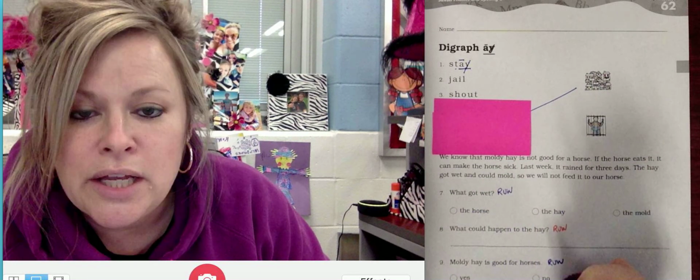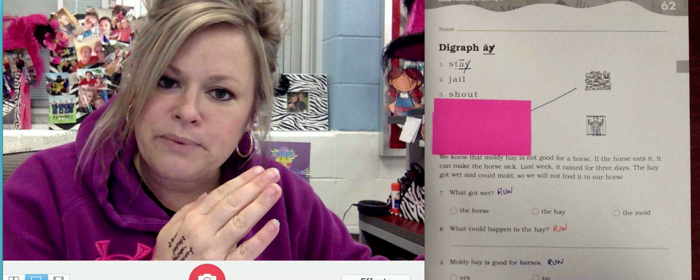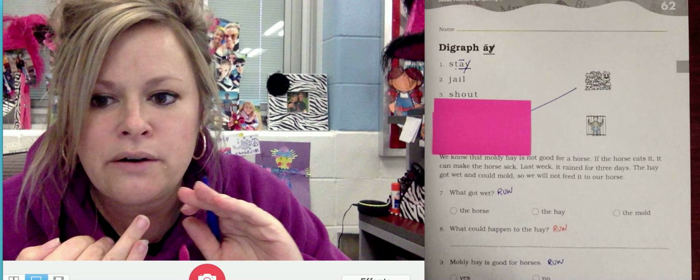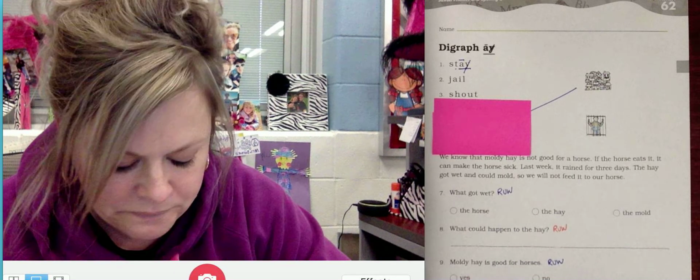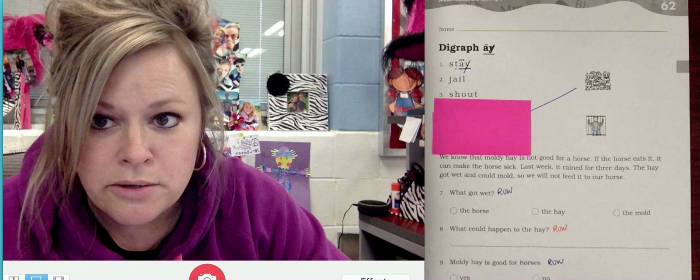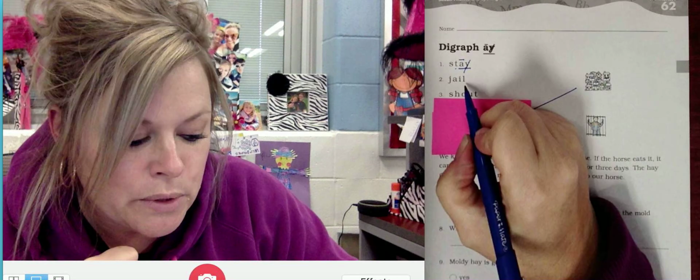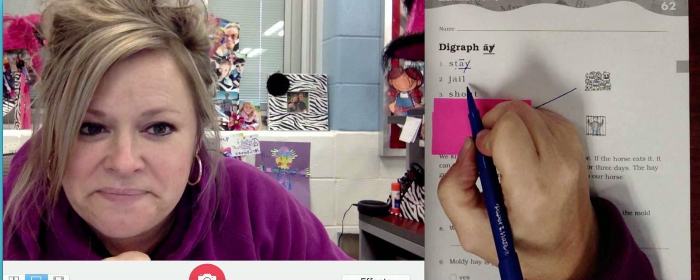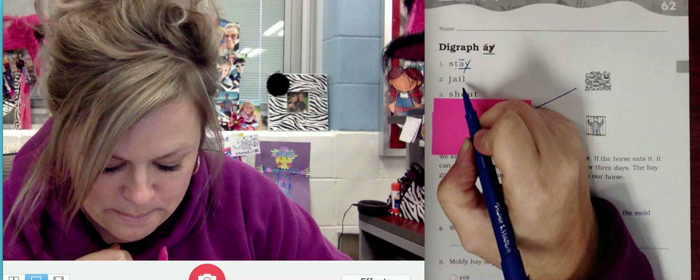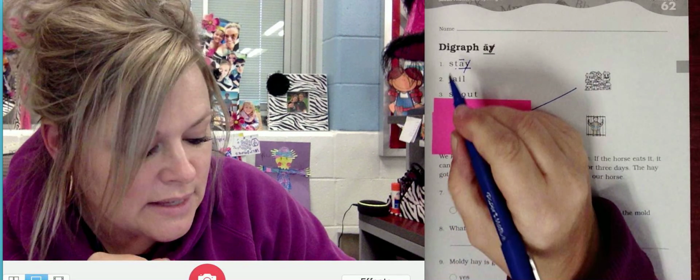J-A-I-L. In the end of the word is where we start. We see if there's any suffixes we know, final stable syllables. I don't see anything like that. I do always know my vowels are coded, so let's take a look. What are the vowels in the word J-A-I-L? Good, the A and the I are both vowels. We learned about this yesterday.